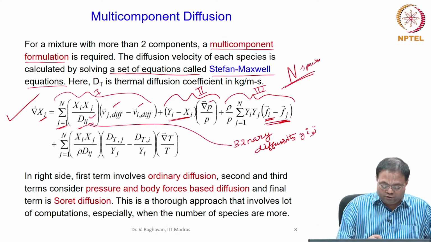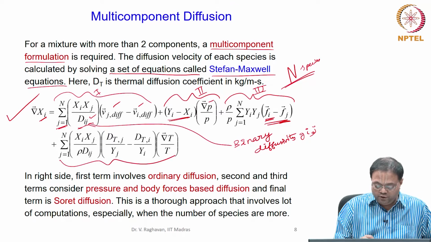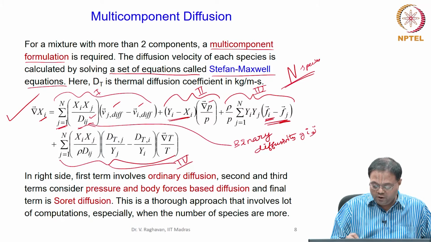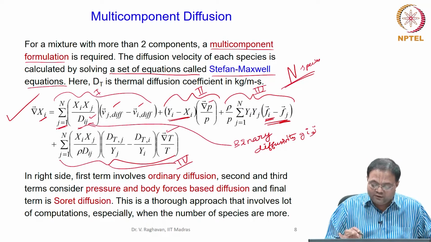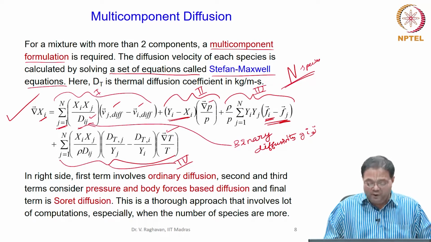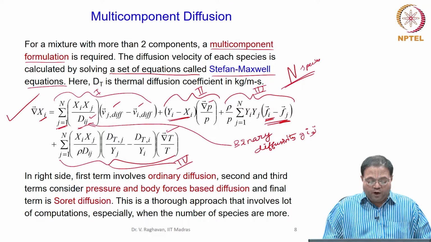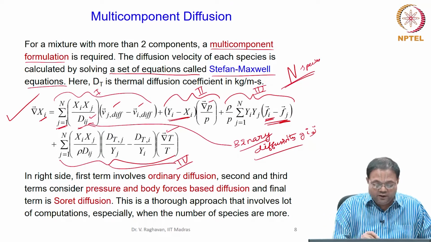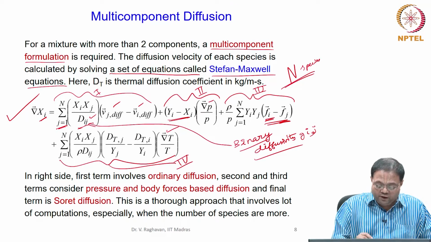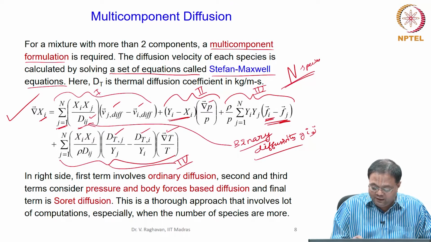Coming to the fourth term, this is the Soret effect or the thermal diffusion effect, where the temperature gradient is going to be the driving force. We used the binary diffusivity in the first term, ordinary diffusion. Here we are going to use DT, which is nothing but the thermal diffusion coefficient.